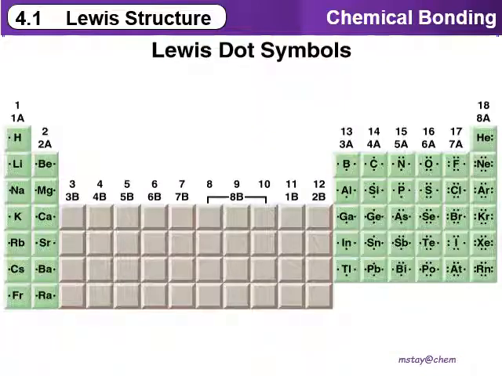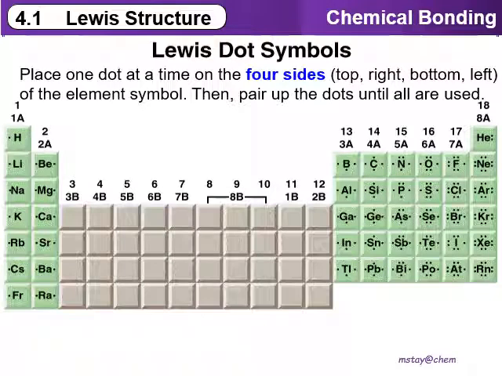Let's observe this periodic table. You will notice that there is 1 dot for the elements in group 1, 2 dots at group 2, 3 dots at group 13, and so on.